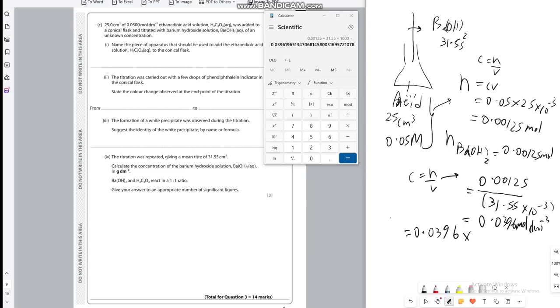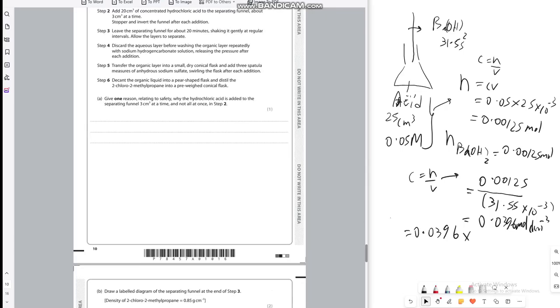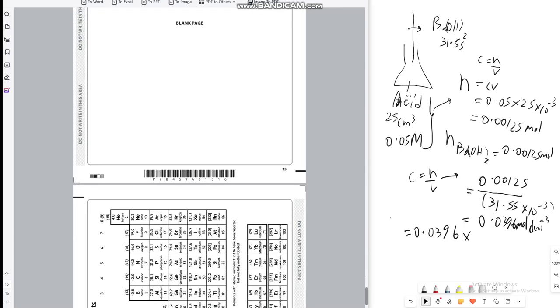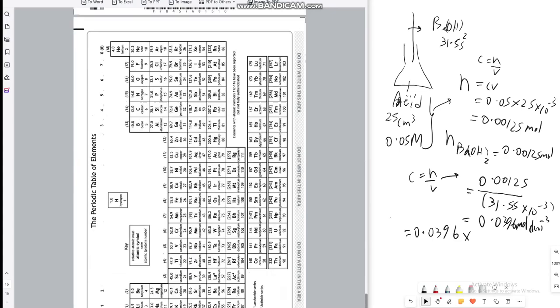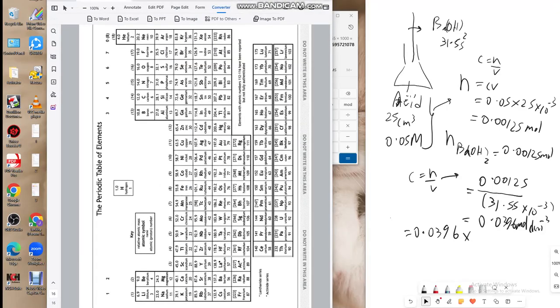multiplied by the molar mass of barium hydroxide. We find the relative atomic mass of barium. Barium is 137.3. I hope all of you see it, right?